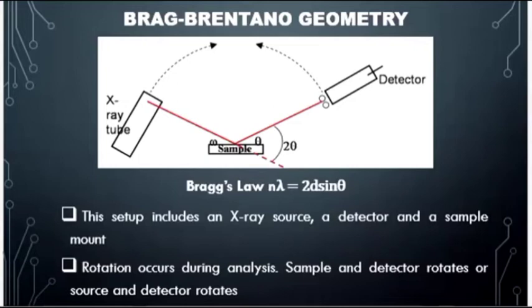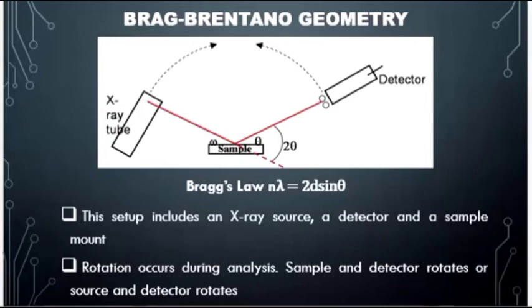The advantage of having a fixed sample mount is that samples are liable to slip off the stage during rotation when the angle becomes too great. However, the rotation of the source and the detector is very demanding on the machine. That is why some of the machines have a rotating sample plate.